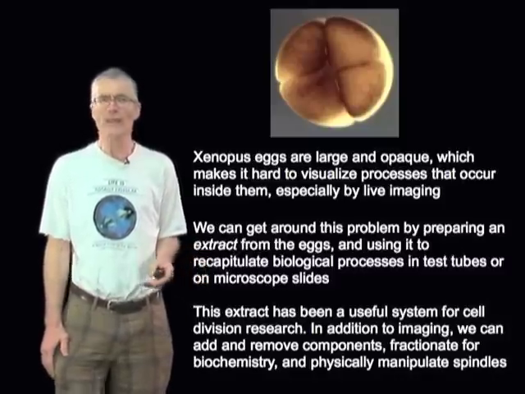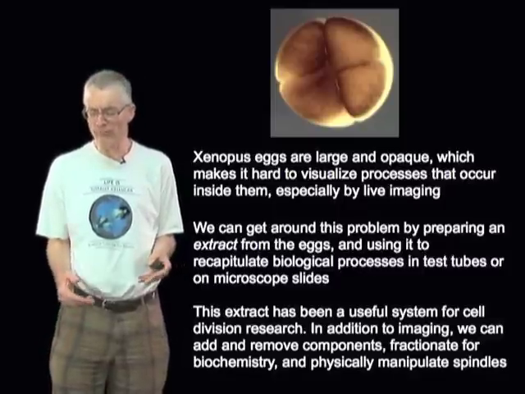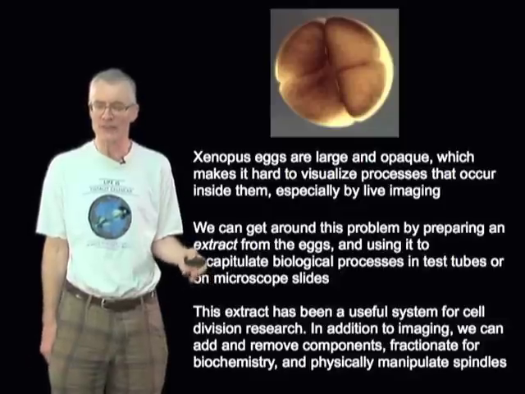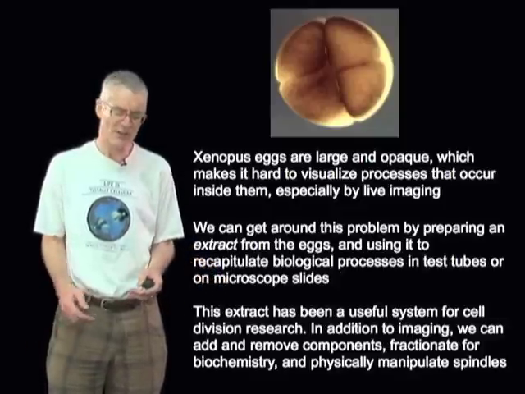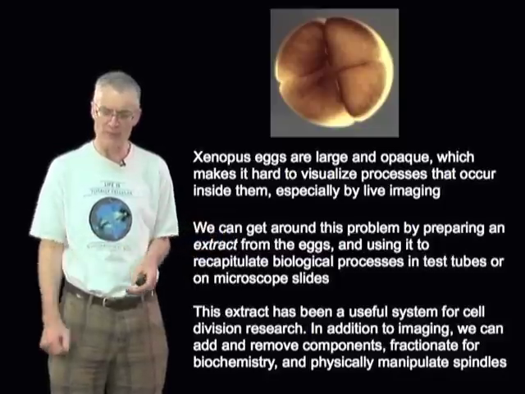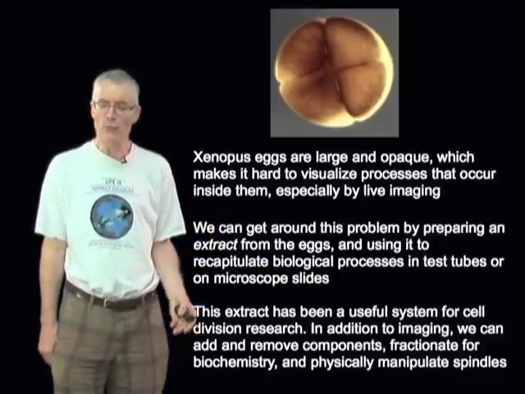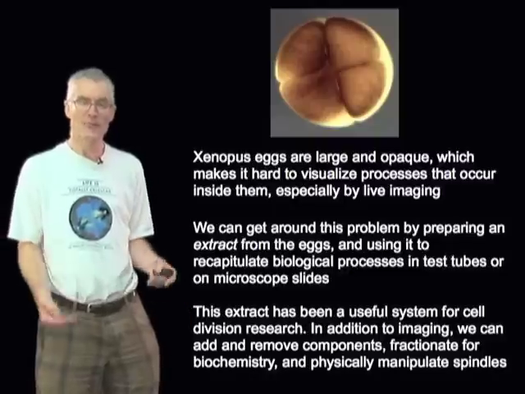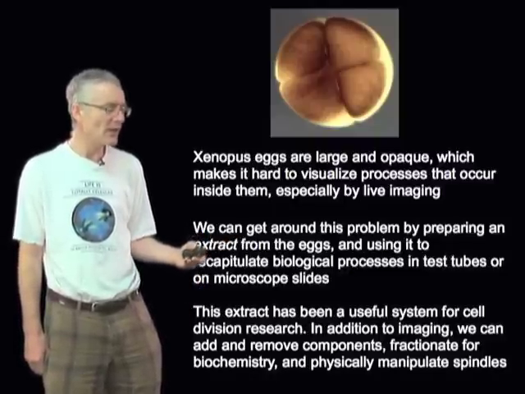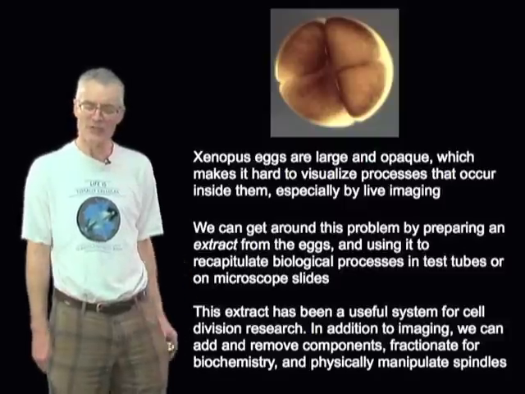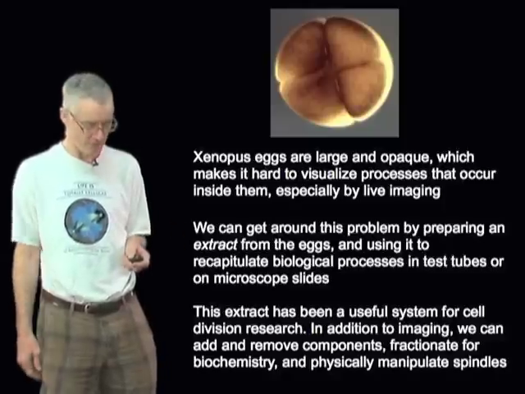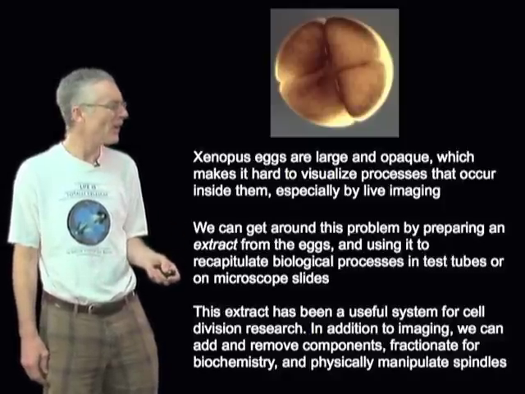It turns out we can get around this problem of the opacity of the egg by preparing an extract from the egg and using that extract to recapitulate biological processes either in a test tube or under a microscope slide. And when you make an extract, in addition to being better for microscopy, it's great for biochemistry. You can add and remove components and do many kinds of manipulations that aren't possible in a living system. And so this is an experimental system that's very dear to my heart.